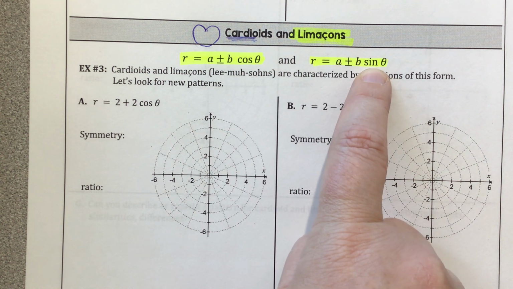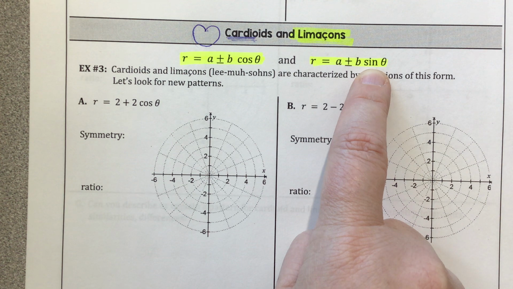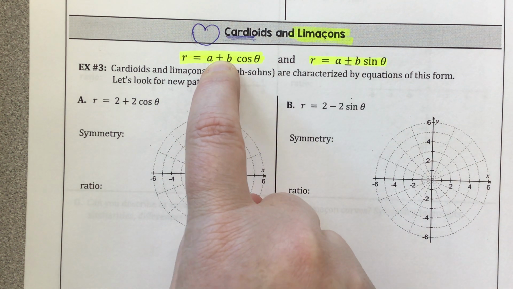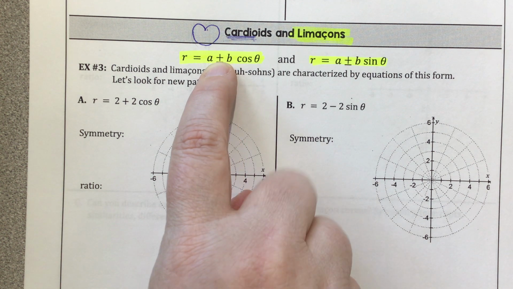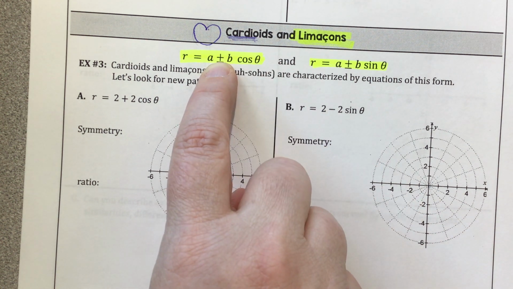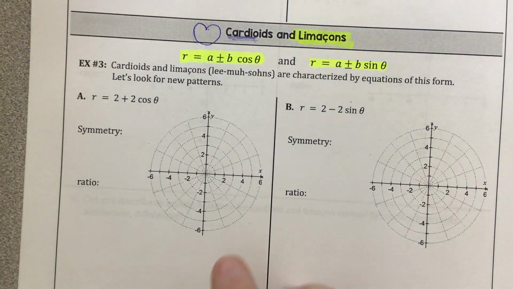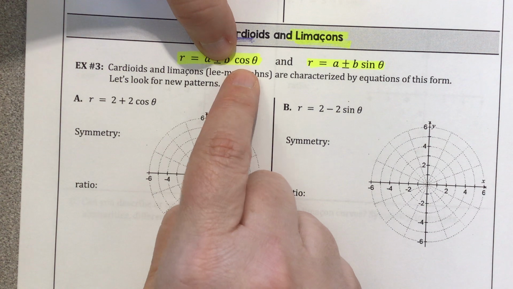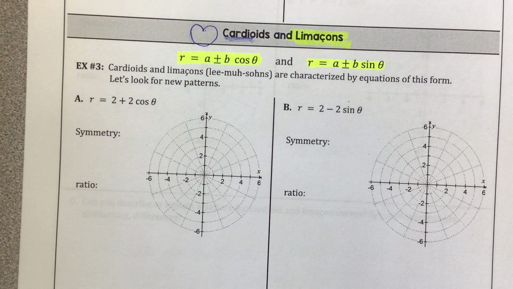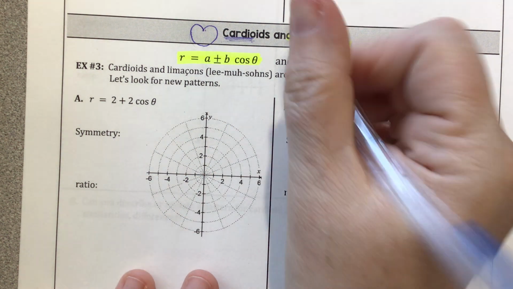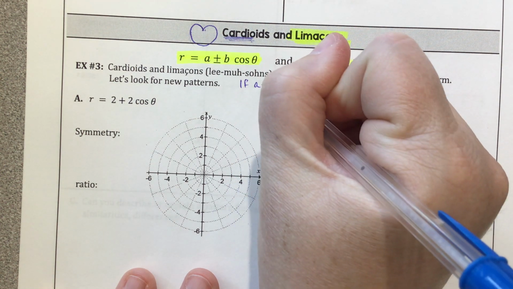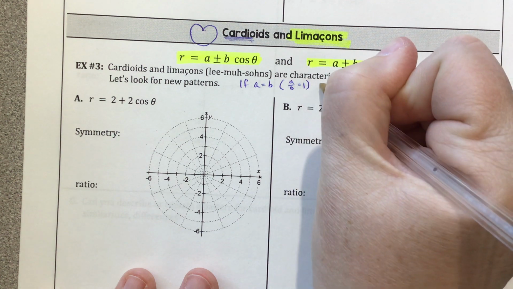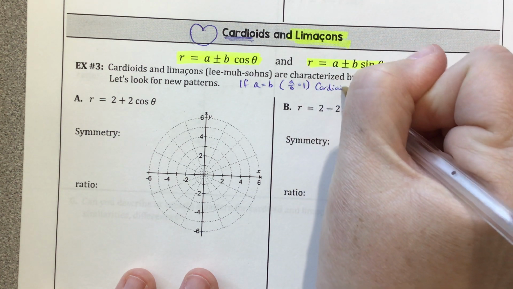If it's sine, most of the graph falls over the vertical axis, theta equals pi over 2. If there is addition between these, most of the graph falls on the positive side of this axis. If there is a minus in between these, then most of the graph falls on the negative side of that axis. Okay, so if A equals B, or if A over B equals 1, then we have a cardioid.